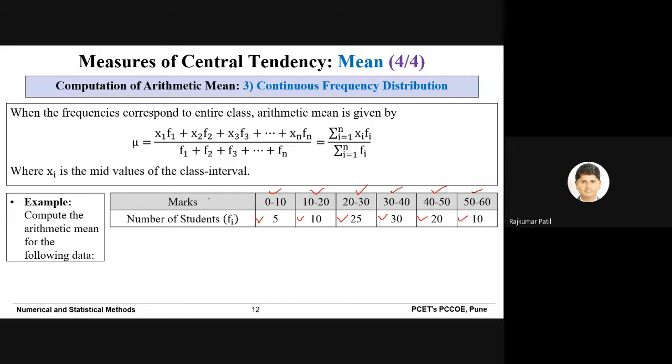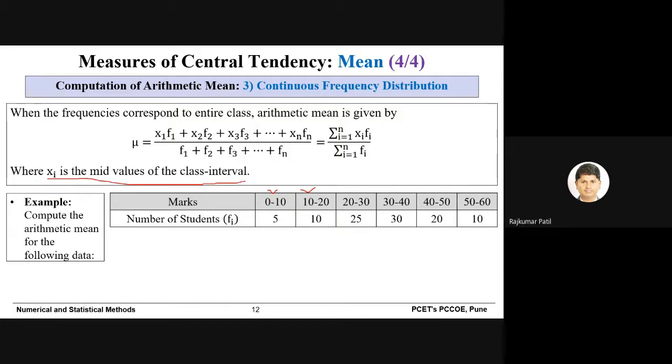So when we look at the marks, instead of an individual value, there is a class interval. So that is the change between discrete and continuous. When we say discrete, an individual value or single value will be there. When we talk about continuous, there is a chance that a range will be given to you. And if this range is there, then what we decided is we will take the mid value of the class interval.